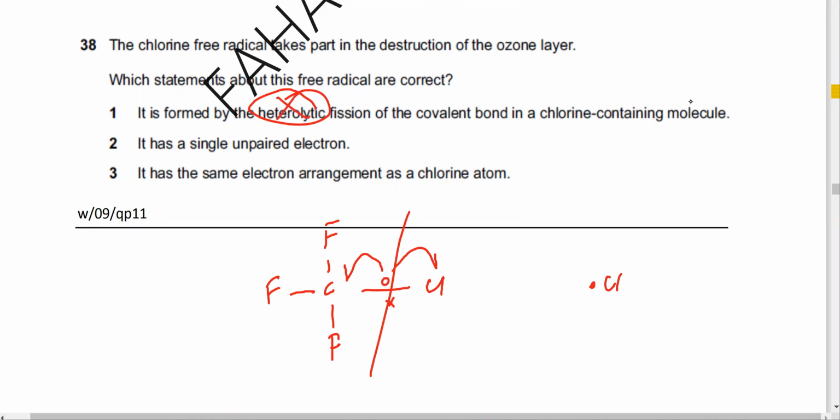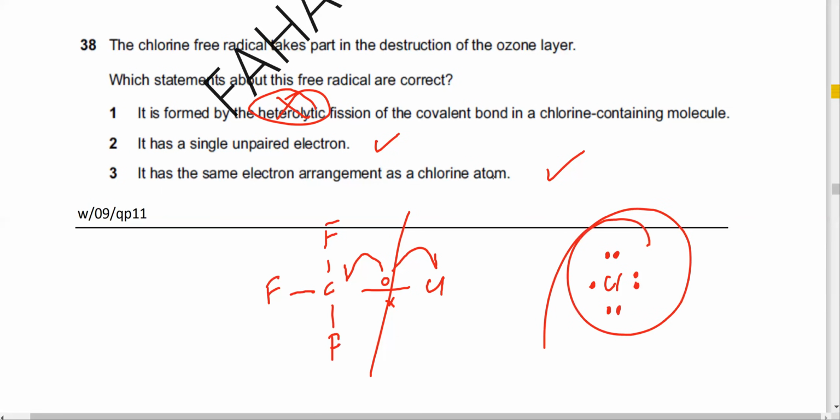So this statement is incorrect. If one is incorrect, second and third are correct. It has a single unpaired electron, which is true because chlorine has all its orbitals completely paired. It has the same electron arrangement as the chlorine atom, which is also true. I mean, chlorine radical and the chlorine atom are basically the same thing.